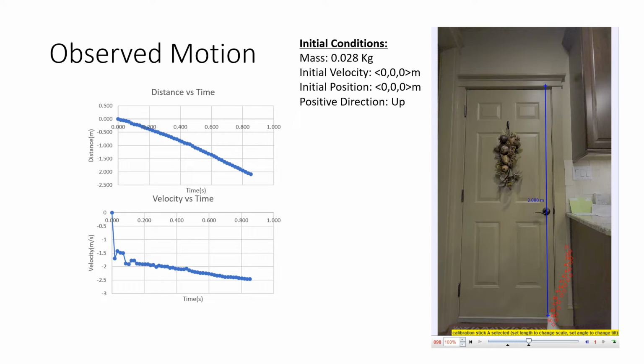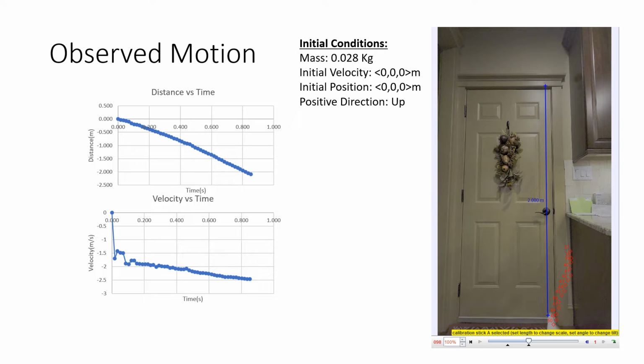For the observed motion, we had the mass of a napkin, which was 28 kilograms, and we had the initial velocity, which was 0, and the initial position, which was also 0, with the positive direction being up. So everything in our lab is going to be shown in a negative direction.